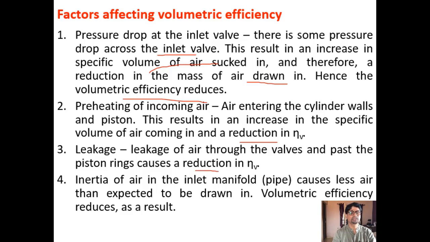And inertia of air in the inlet manifold causes less air than expected to be drawn in. So if there is inertia in the pipes which let the atmospheric air enter the compressor through the inlet valve, the inertia also causes less air to be drawn in, so that volumetric efficiency reduces as a result of this.